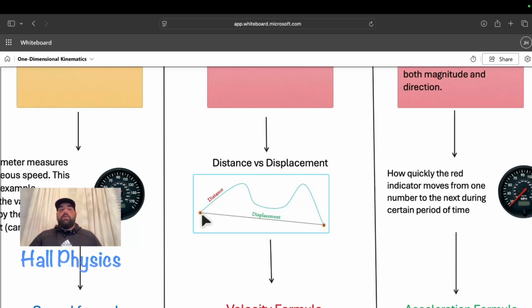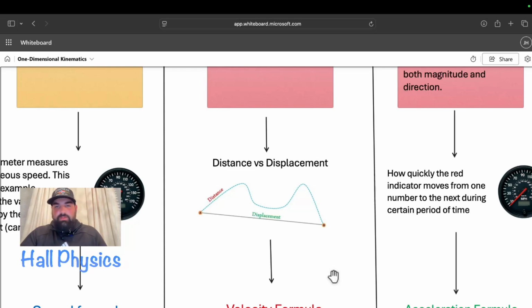Okay, how far is it from point A to point B? That is displacement. Okay, so if I were to say I walked 40 meters east, well, that would be displacement, because I have moved myself from 0 meters to 40 meters east of where I was.